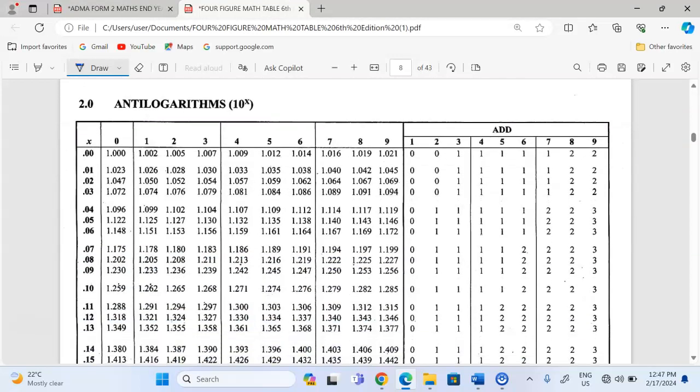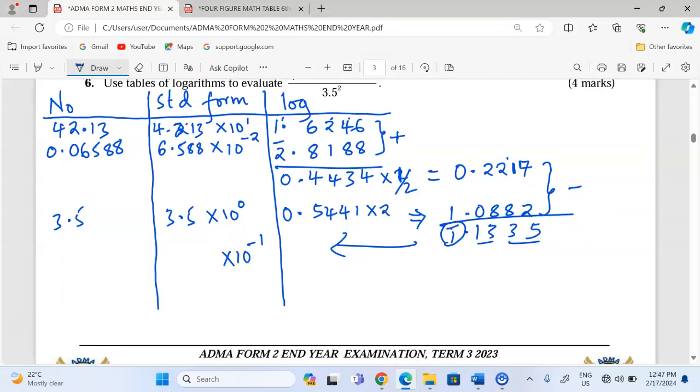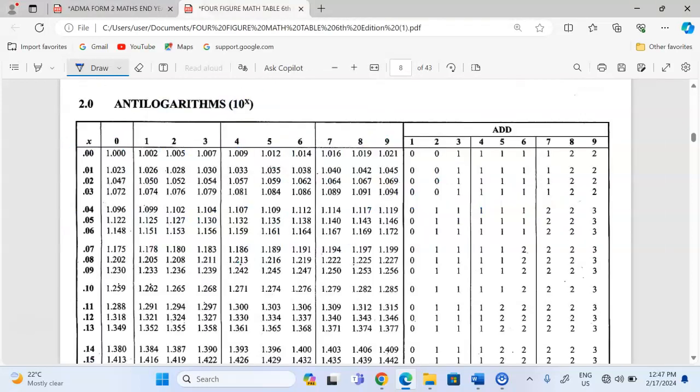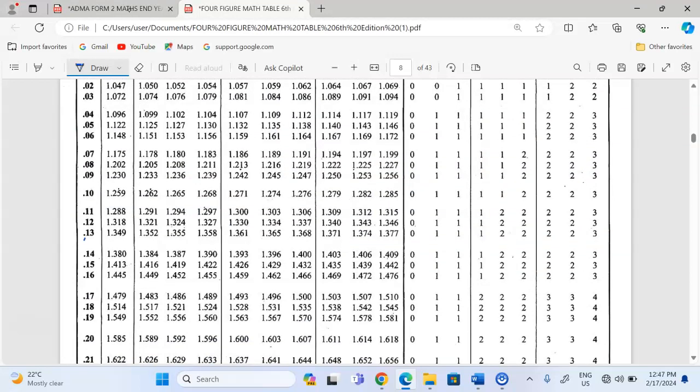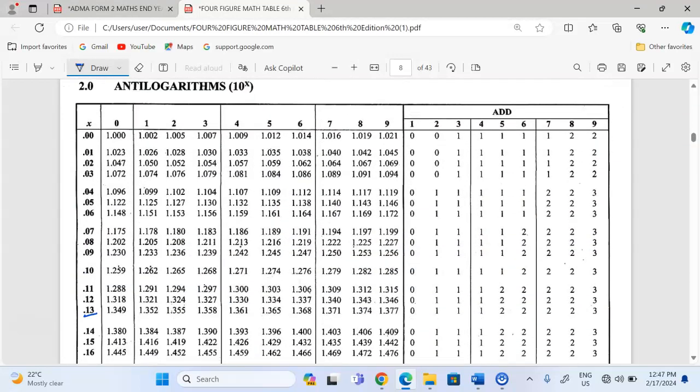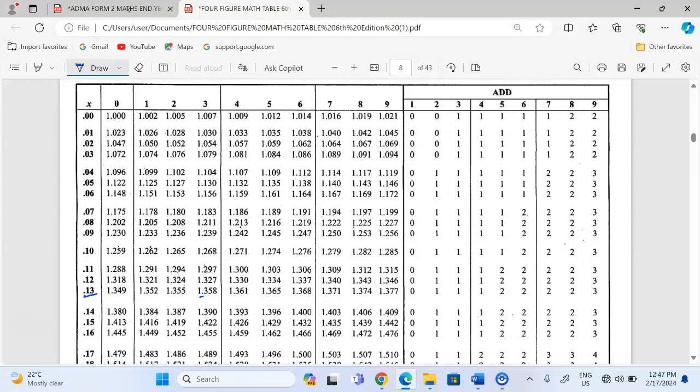0 point 1335. So at 3, we got this. Then at 5, what we have is a 2. Therefore, we're going to have a 2 here, which will be 1.35.